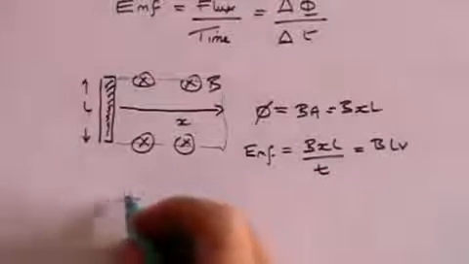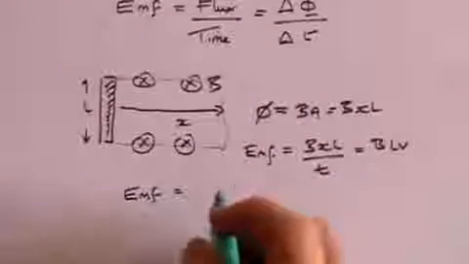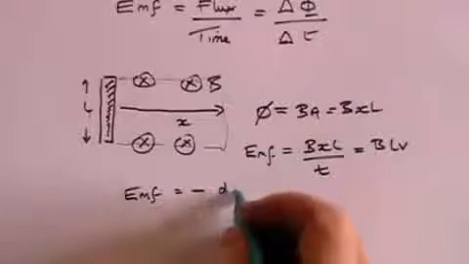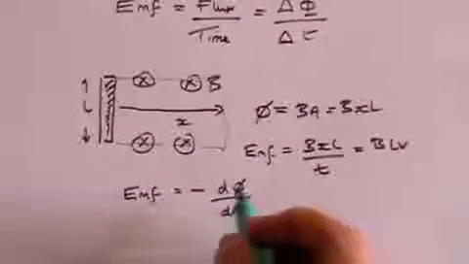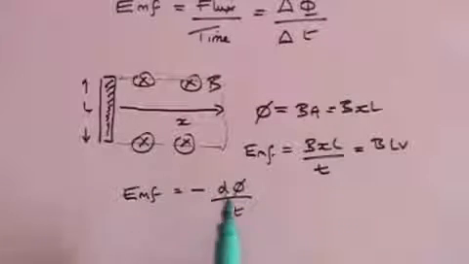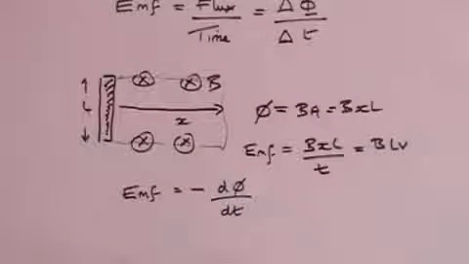And so he said that the EMF is equal to minus dφ by dt. The minus sign shows that the EMF is opposing the change. And anything which opposes change is a resistance.